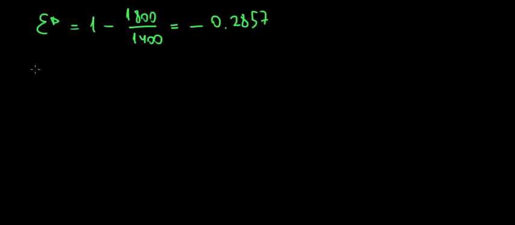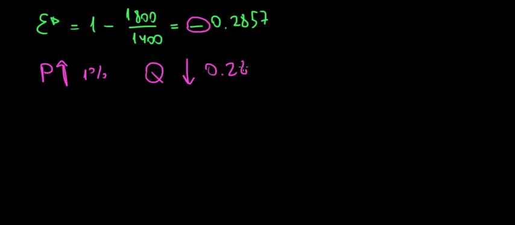Remember, elasticity is about percentage change, meaning that when price increases by 1%, quantity demanded decreases, because the elasticity is negative, meaning that the effect is negative. The quantity demanded decreases by 0.2857%. This is the key, the percent. We're looking at percent.